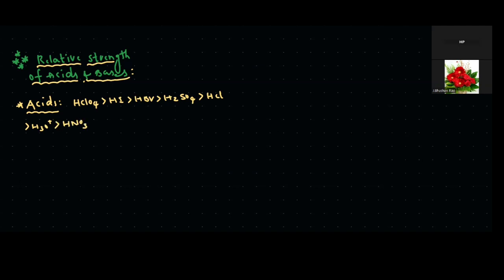Further, it is more than HSO4 minus. After removal of H plus from H2SO4, HSO4 minus is still acidic. Why? Because this one also has one hydrogen. The next, after this bisulfate ion, is H3PO4, phosphoric acid, which is also acidic.